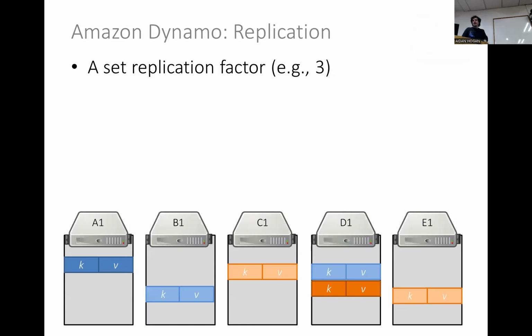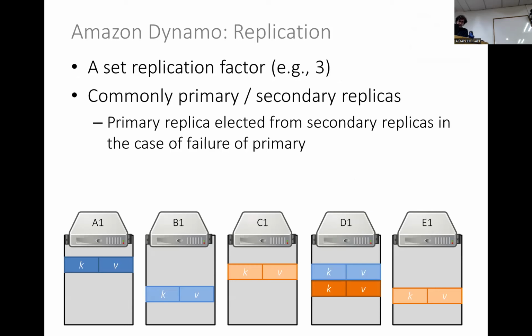Okay, so in Amazon Dynamo, we also have a replication factor, which is super important to avoid data loss, to ensure high availability and so forth. In general, you can set the replication factor as you like for a given map. A typical factor would be 3, so we're tolerant to at least 1 fault, including a Byzantine fault.